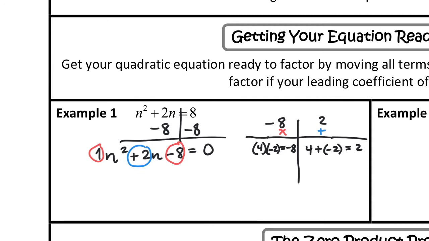Okay. So these two check off, right? I get a negative 8 and a positive 2. So then I can factor this into 2 parentheses. And that gives me, so my answers would be n plus 4 and n minus 2.